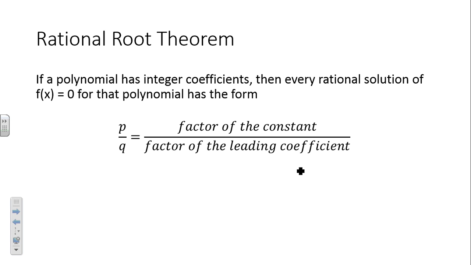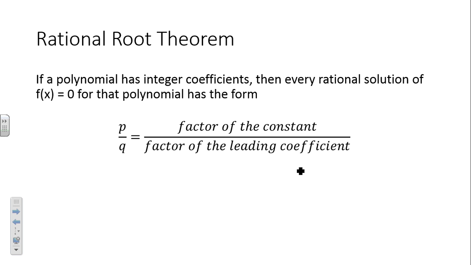Okay, so the rational root theorem says that for every polynomial with integer coefficients, whole number coefficients, every rational solution of that function, every time we set it equal to 0, all the zeros will be a factor of the constant over a factor of the leading coefficient. I would write this down.